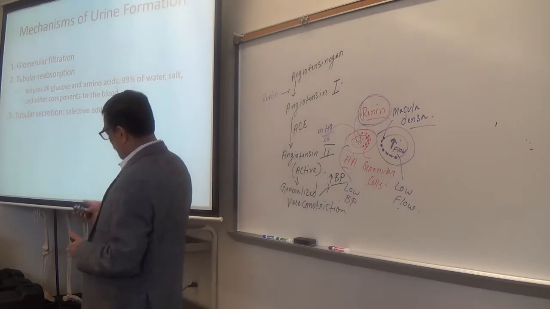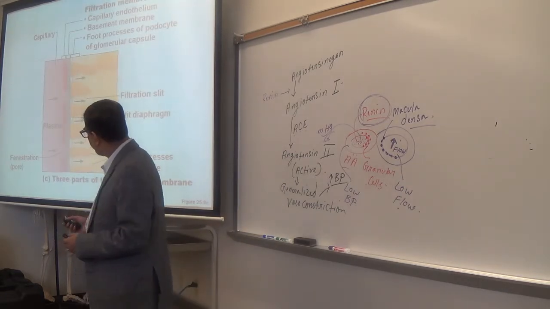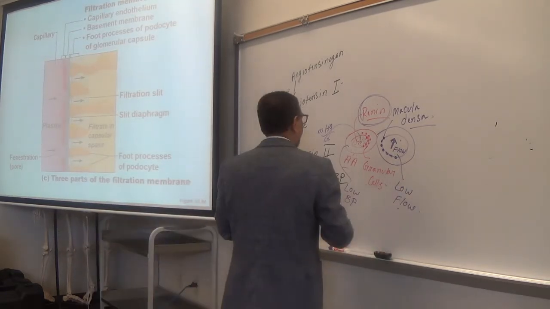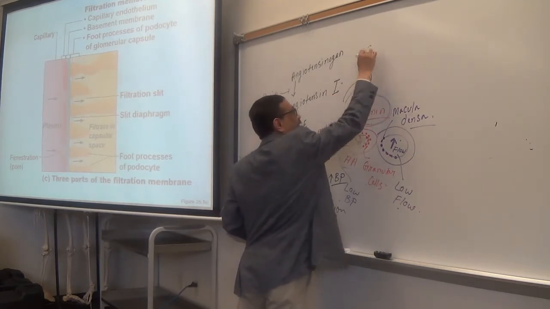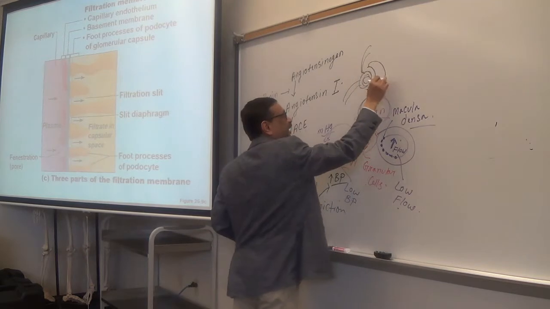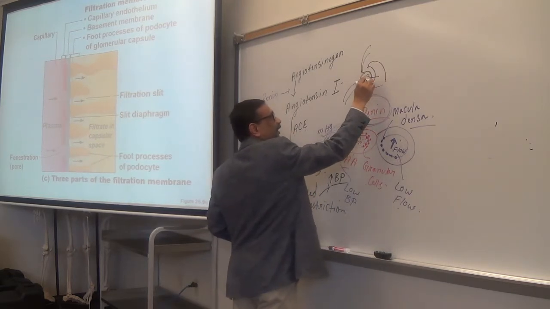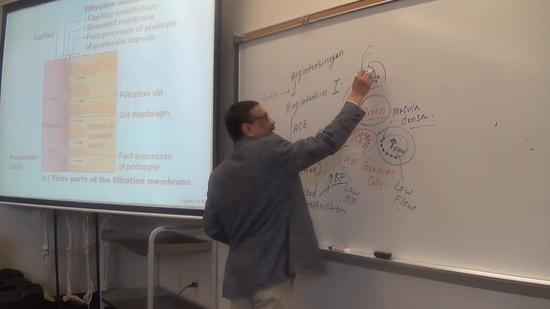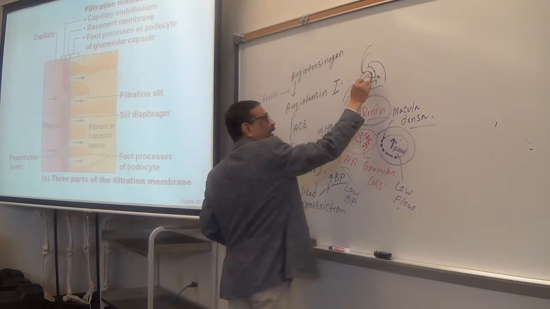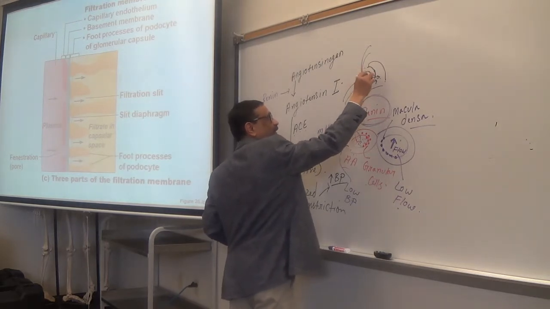Now let's go here. This is just the filtration membrane. You already know. This is the glomerulus, and this is the Bowman's capsule. So filtration occurs here. So now this is the membrane, which consists of these two membranes, wall of the capillary and the Bowman's capsule.